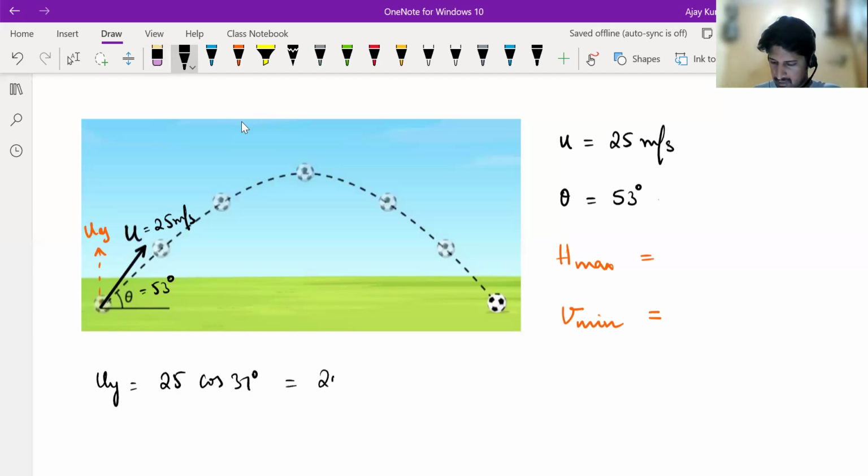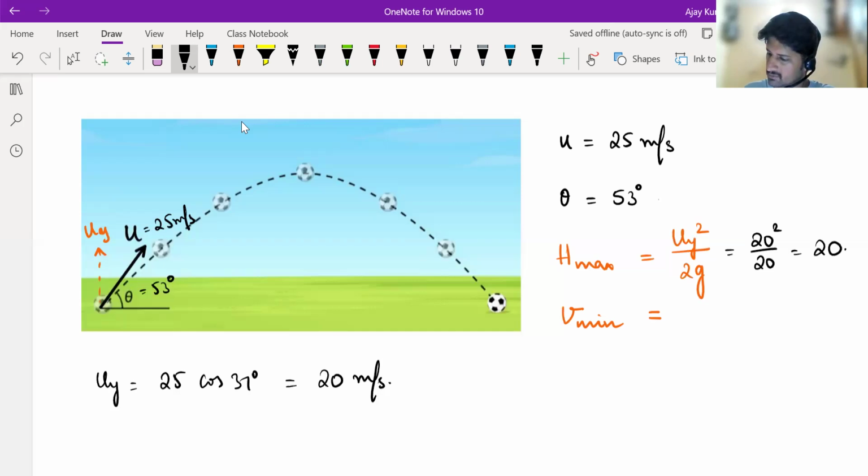And that will become 20 meters per second. Then the formula for Hmax is uy square divided by 2g, the square of the velocity in the upward direction divided by 2g, which in this case becomes 20 square divided by 2g, which is another 20 because g is 10. So effectively the Hmax becomes 20 meters.